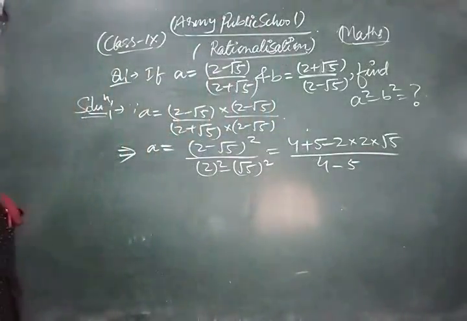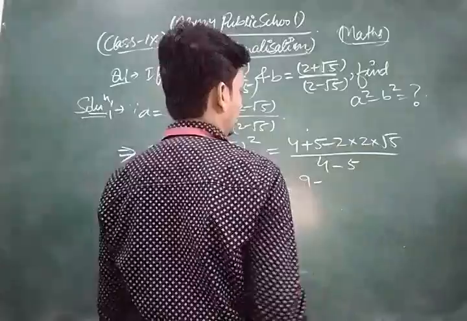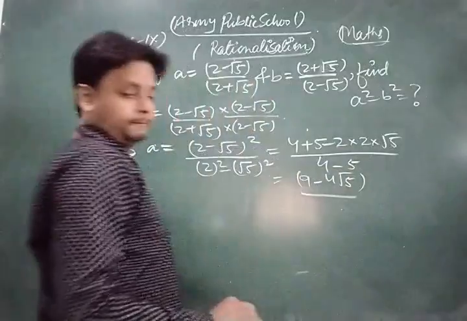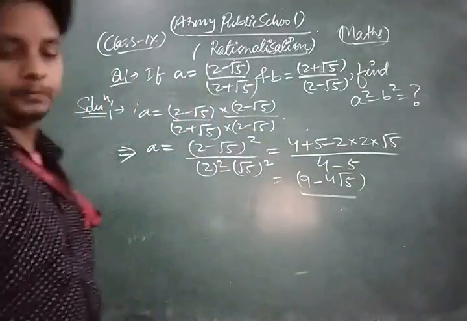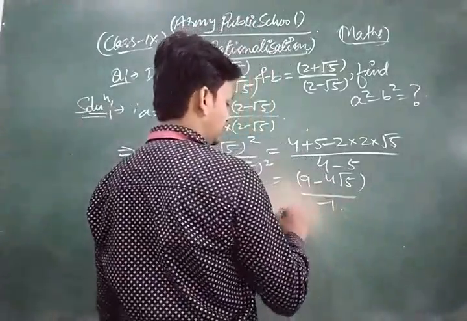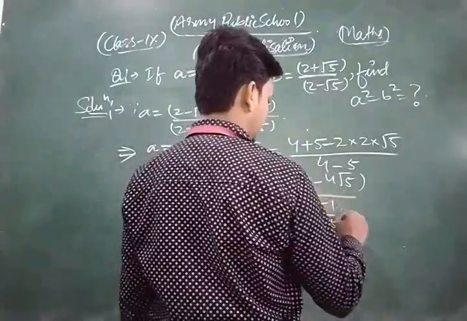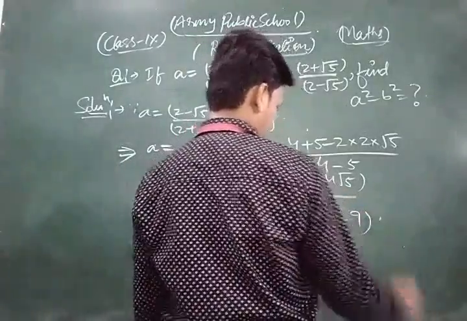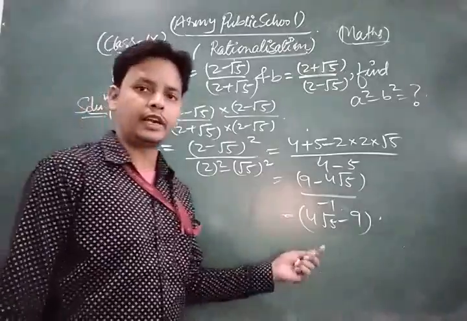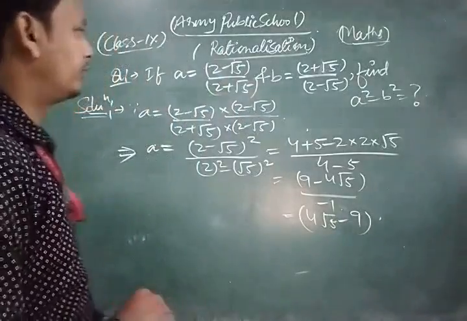So we get 9 minus 4 root 5 upon minus 1. Multiplying by minus 1, we get 4 root 5 minus 9. So we simplify the value of a and get 4 root 5 minus 9. Similarly, we simplify the value of b.